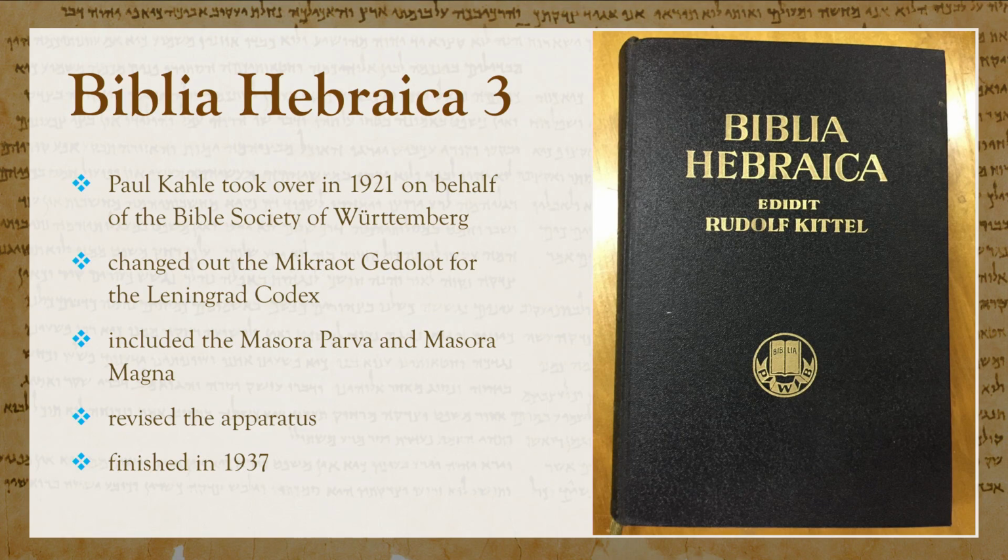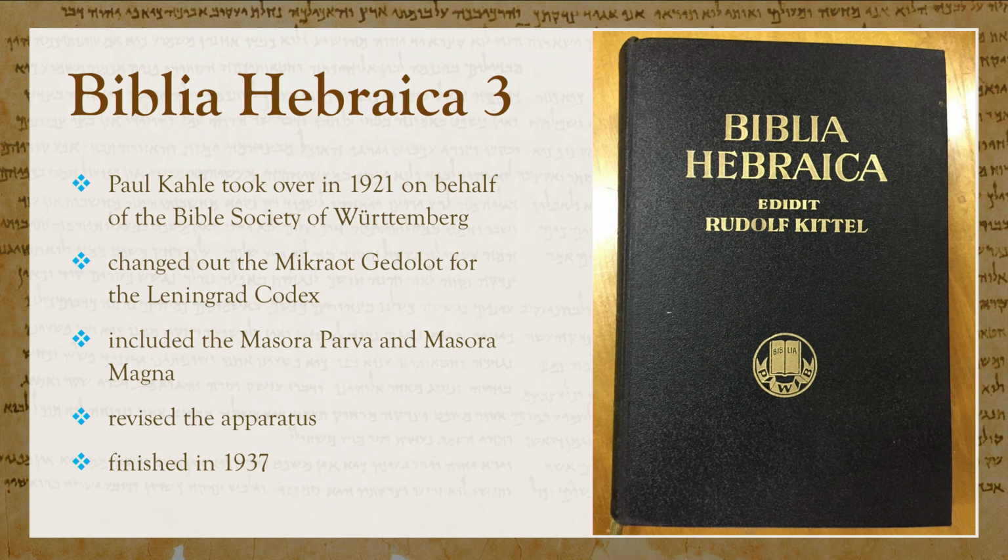And then we got the Biblia Hebraica version 3, which Paul Kahle took over in 1921 on behalf of the Bible Society of Württemberg. He changed out the Mikraot Gedolot for the Leningrad Codex.